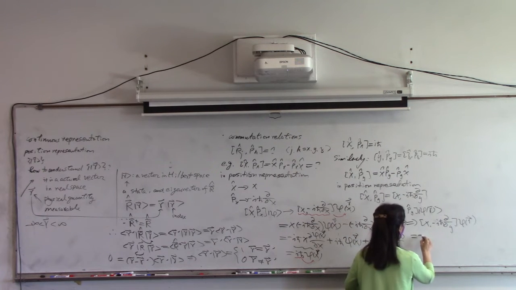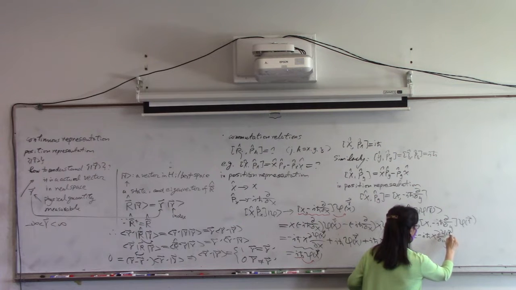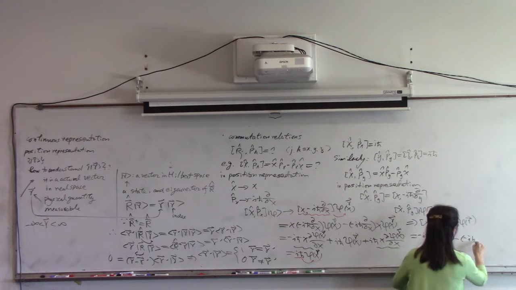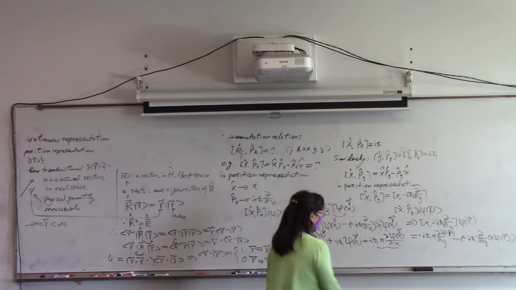Again we do that. The first term is minus i h bar x partial psi(r) partial y, minus minus i h bar partial y of x psi(r).